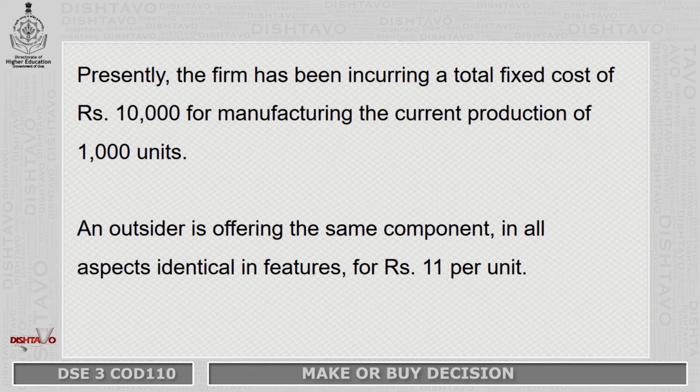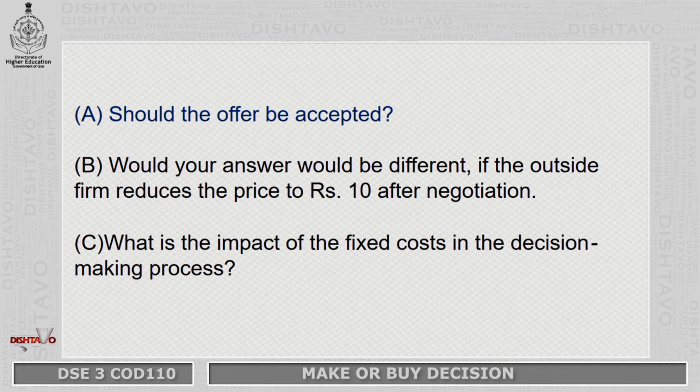Now, they have an offer from an outsider: the same component, identical in all aspects, the supplier is offering at rupees 12 per unit. So, now we need to take the decision whether we should manufacture the product in-house or whether we should go for buying the product. We have been asked 3 questions.